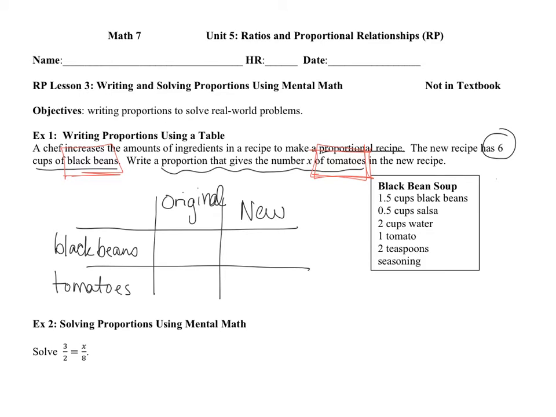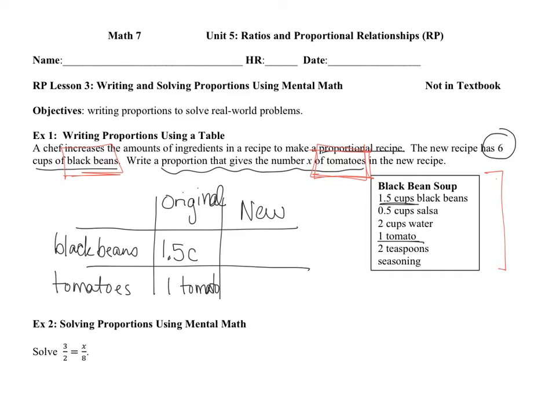So original versus new. These numbers over here would be what's listed in my original recipe. And then what's in the problem would be what I need for the new. So black beans in the original recipe had 1.5 cups. We know that from right here. And then the original recipe had 1 tomato.